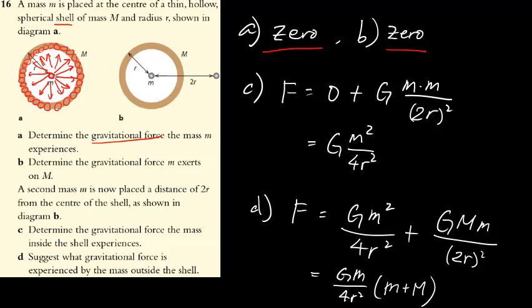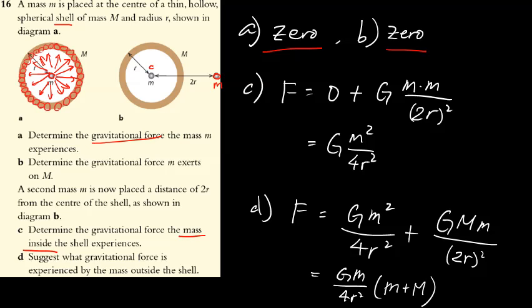For part C, it said now you put an extra ball with small m here, and the distance is already shown as 2r, and determine the gravitational force. The first one should be talking about the mass inside the sphere.